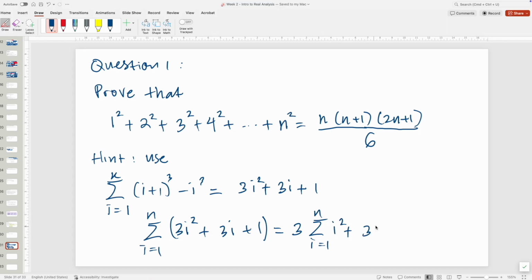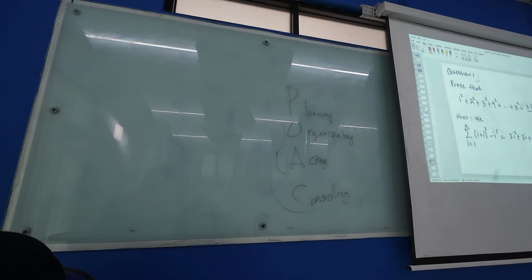Sorry, cubic. That is what? 3i square plus 3i plus 1. Because this one starts from 1, okay. Until this one, 3i square plus 3i plus 1.